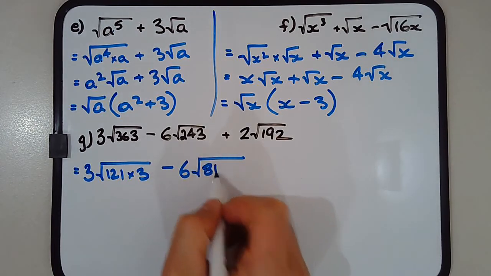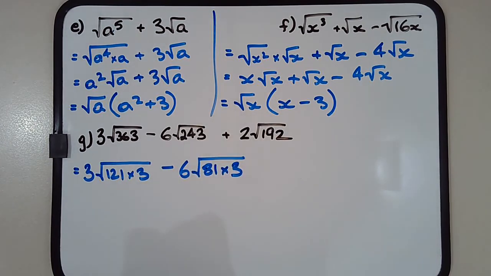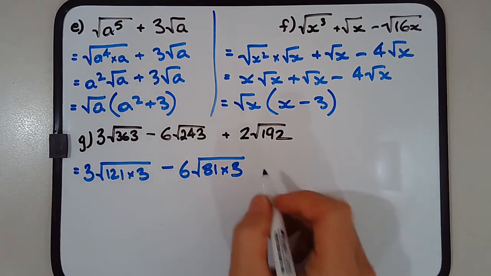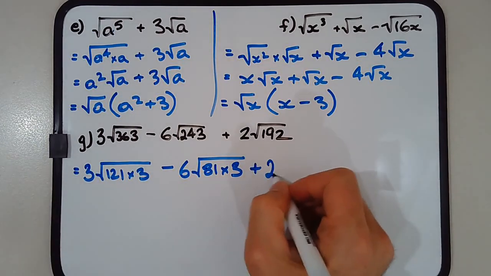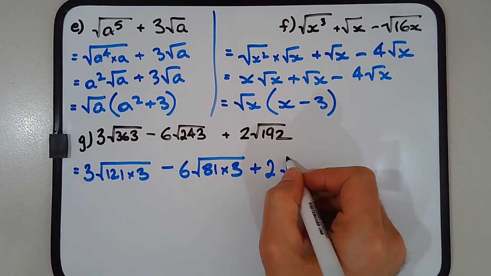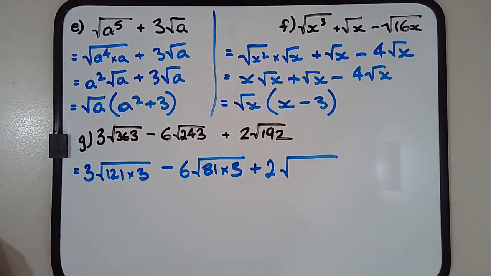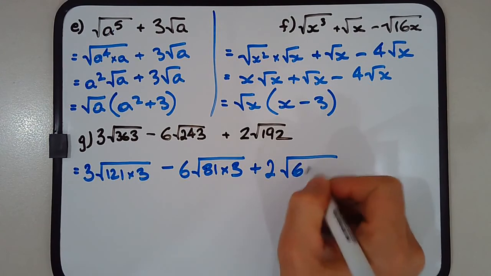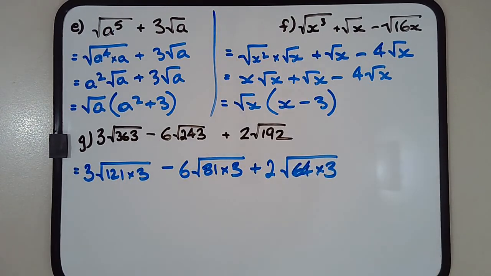So that's 81 times 3. And what about this one, 192? That one looks like triple 64, I think it is. Yep, it is triple 64.